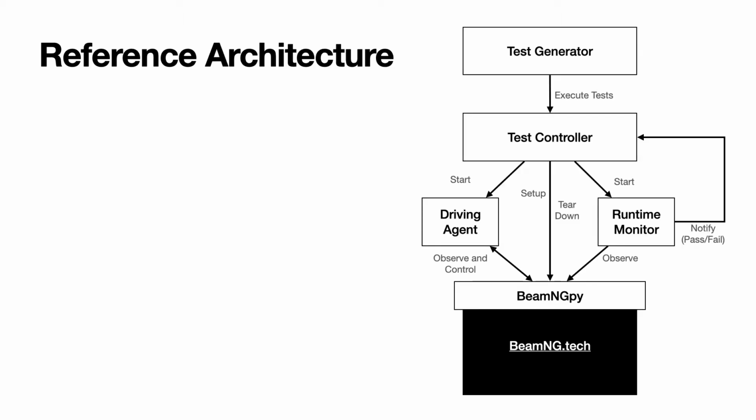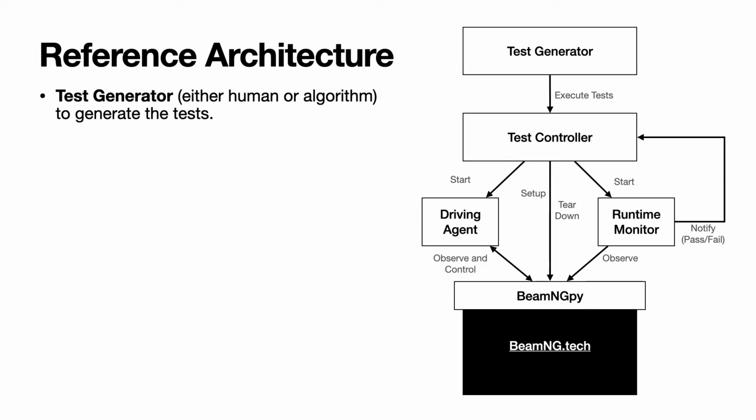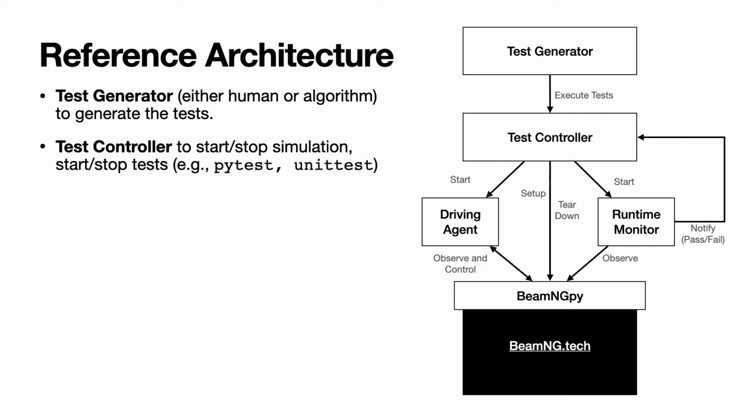This is our reference architecture for simulation-based testing. We have a test generator on top. This can be a human writing a test or an algorithm that generates tests automatically. Tests are passed to a test controller. The test controller is the component that needs to start, set up, and tear down tests.